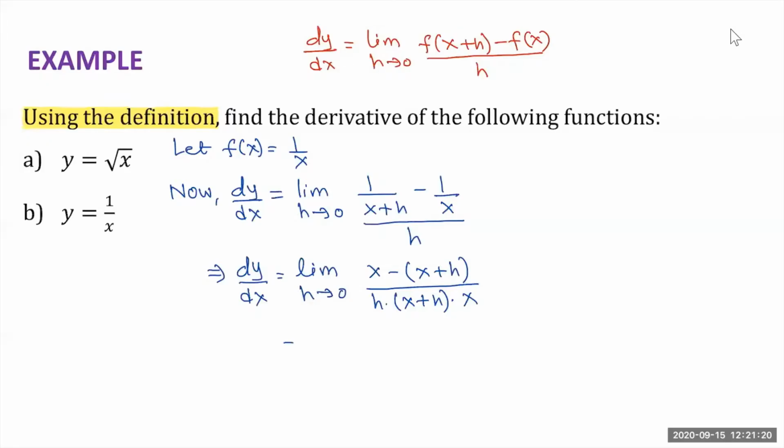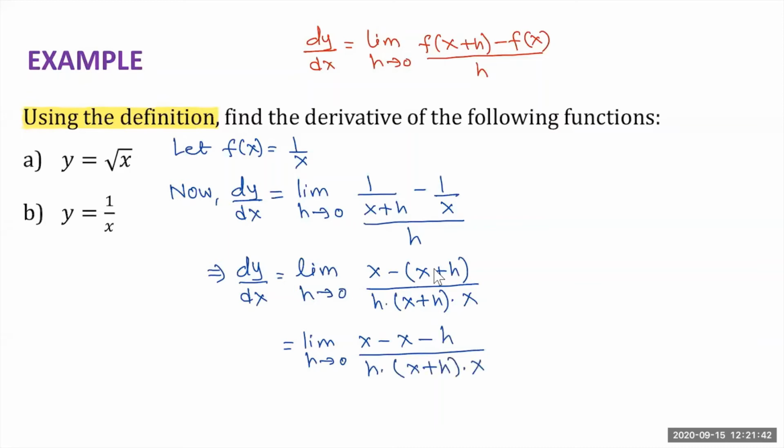So this is equal to the limit as h approaches 0. In the numerator, you have x minus x. When I distribute this negative sign, it will be minus h divided by, in the denominator, h times x plus h multiplied to x.